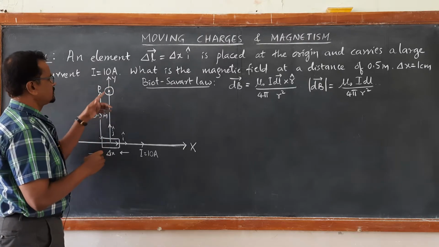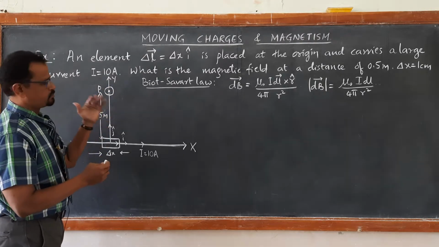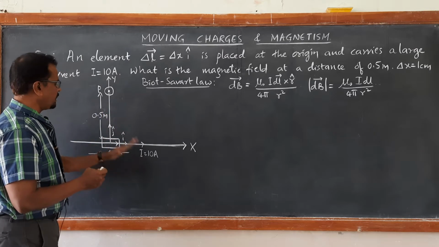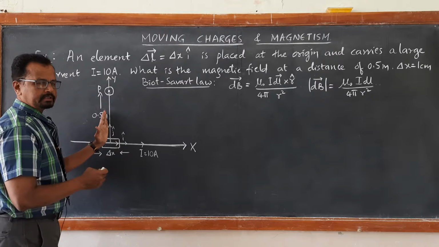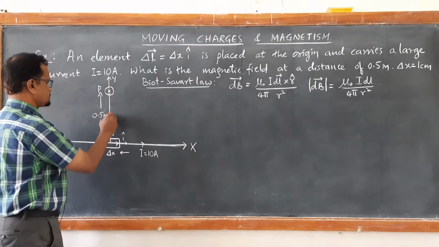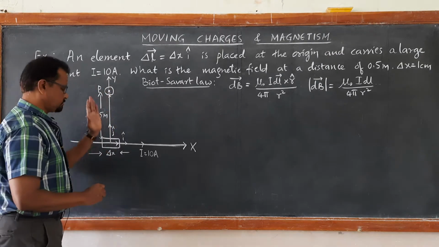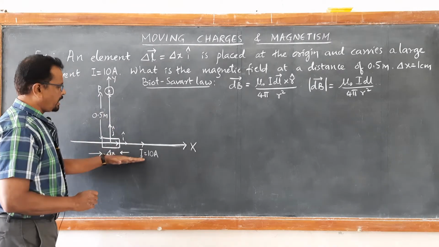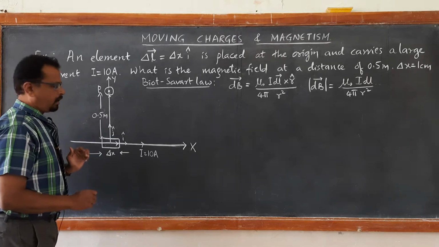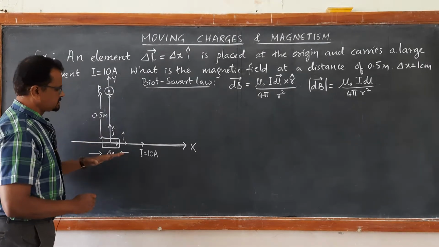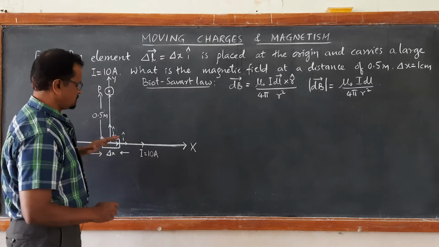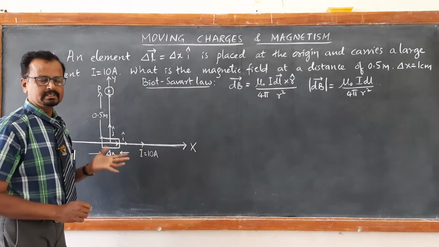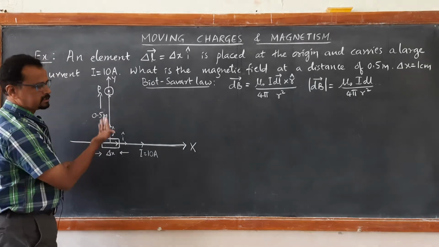The dot shows the direction of the magnetic field, which is perpendicular to the plane containing both dl and r vector, and the r vector is this, about the y axis. In this case, dl vector is along the x axis and r vector is along the y axis. Obviously, the magnetic field should be about the z axis.